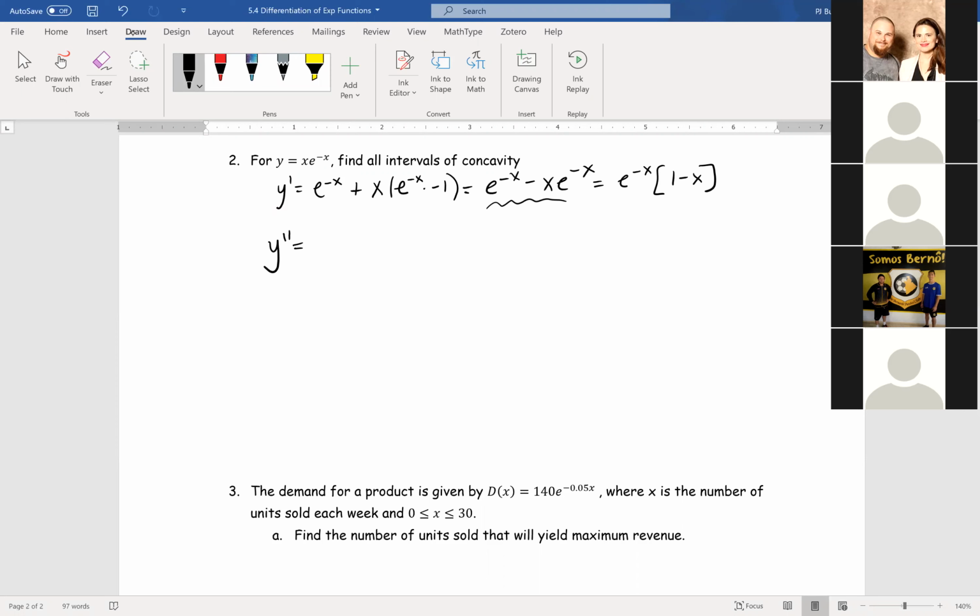So the derivative of e to the minus x is minus e to the minus x, because the derivative of the inside is -1. The next term, I'm going to take the derivative of x. That's going to leave me with minus e to the minus x. And then I'm going to leave the x alone. The derivative of e to the minus x is minus e to the minus x.